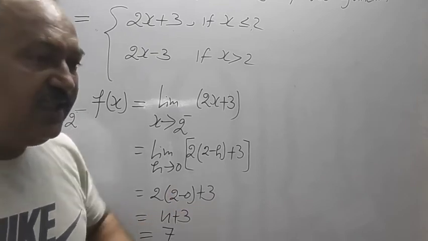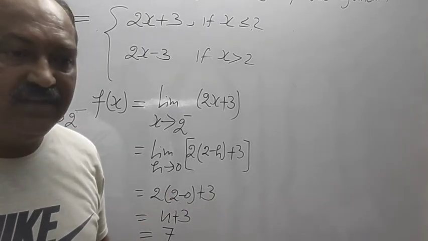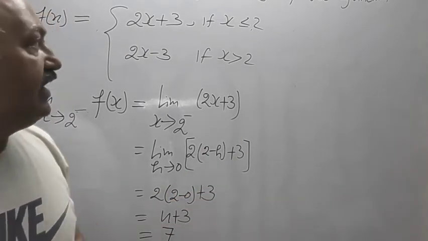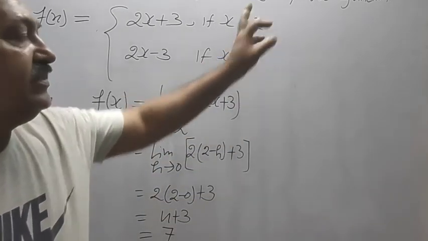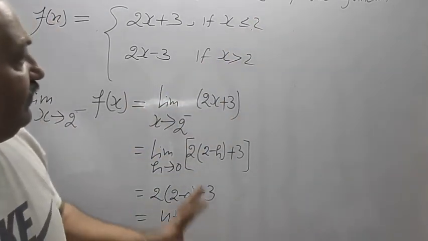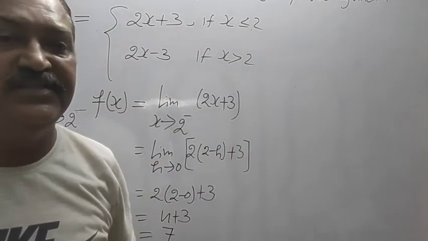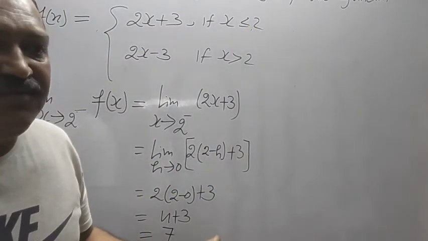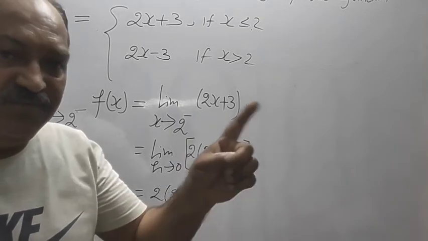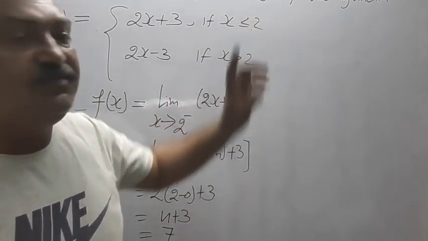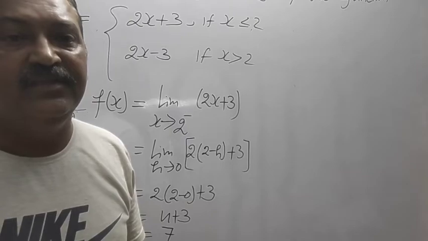One value is 1 and second value is 7. Hence the function is not continuous at x is equal to 2. Therefore, 2 is the point of discontinuity. This is your answer. What are the points of discontinuity? Only one point, that is 2.